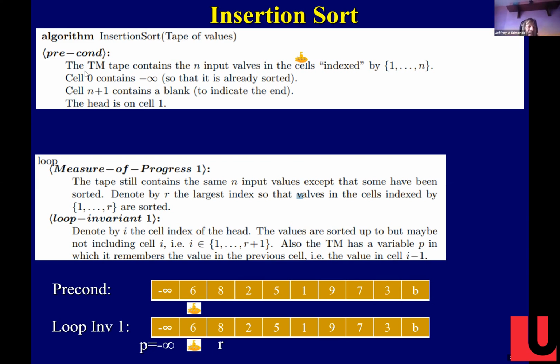I'm saying the value before the input is going to be negative infinity to make your life easier. If we didn't have this precondition that before was negative infinity, then you're going to have to do some work to make all this work better. And I did this to make your life easier. So does that make sense? Yeah, that makes sense. I got it.